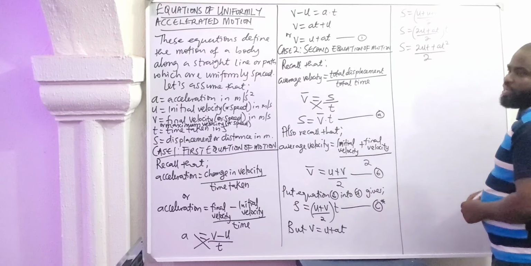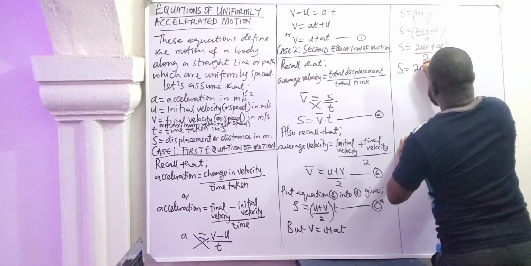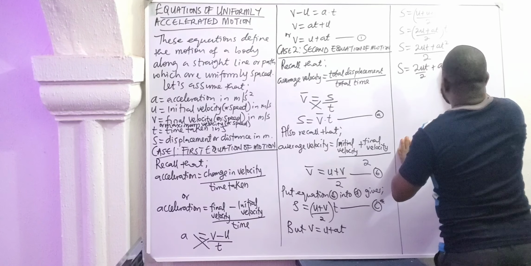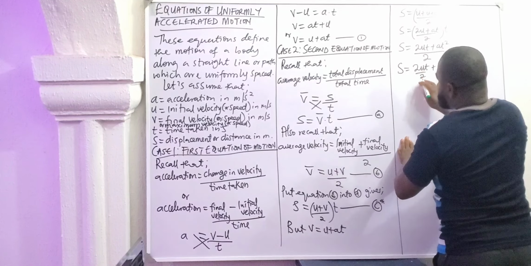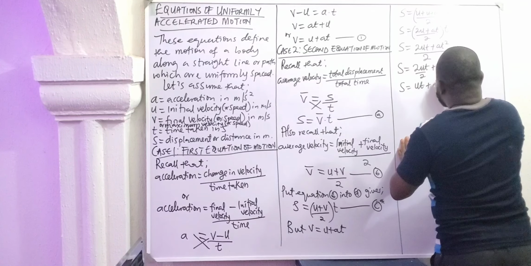We use these 2 to divide these two terms, which gives us s is equal to 2ut over 2 plus at squared over 2. These two will cancel. We're left with ut plus at squared over 2.